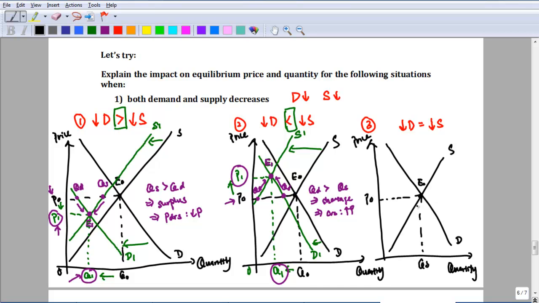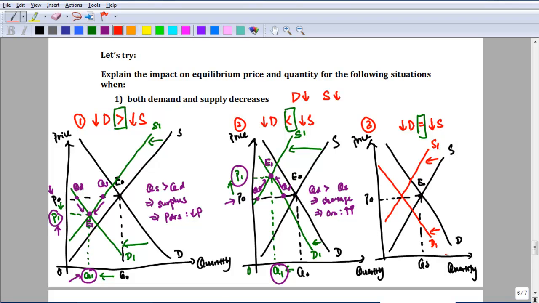For this part it's an equal shift, so I'm going to shift my supply curve to the left because there's a fall in supply, by this much. Demand also falls, so it's going to shift to the left, but by the same extent, because it's equal. So this is my demand curve, shifted to D1.